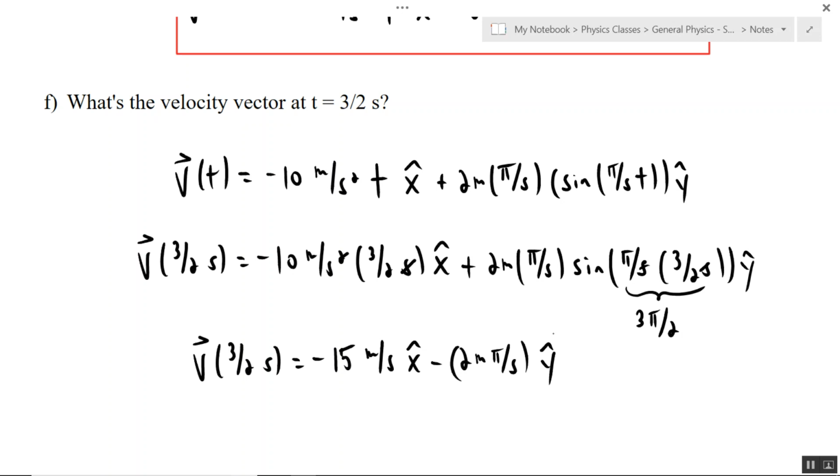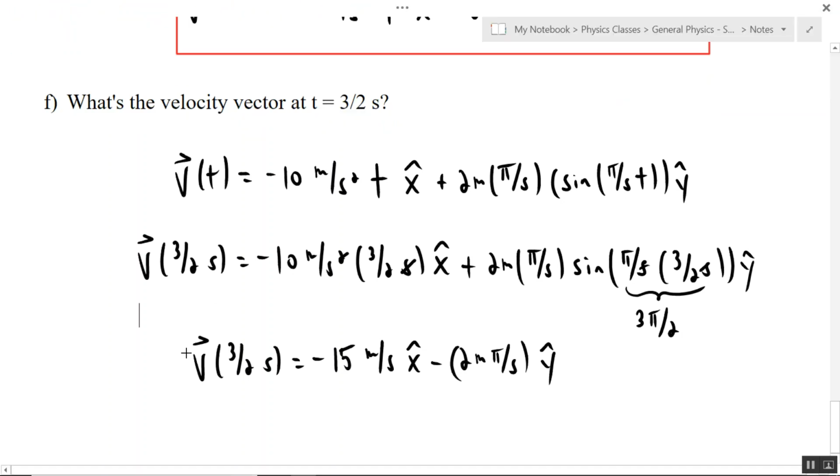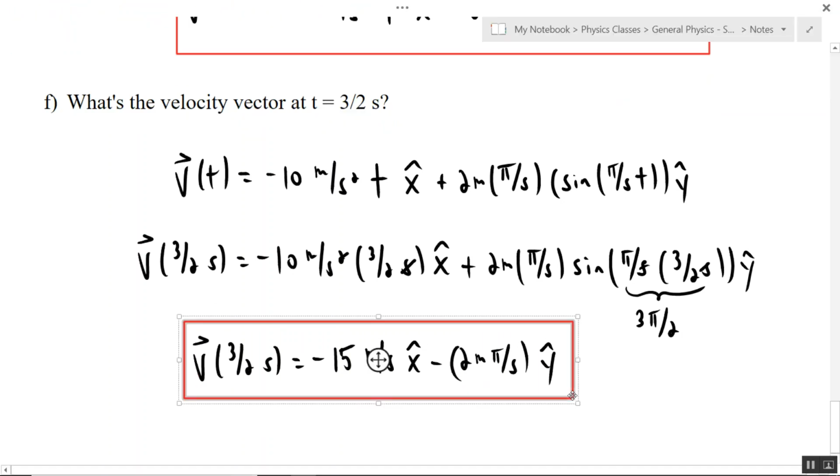All right, so does that make sense? This is the velocity at 3/2 of a second, the velocity vector. This isn't the tangent line at that point on the position. This is the next part. What you can do with this is figure out exactly how fast something is moving at this moment in time.